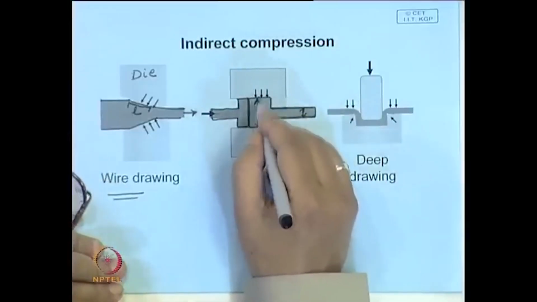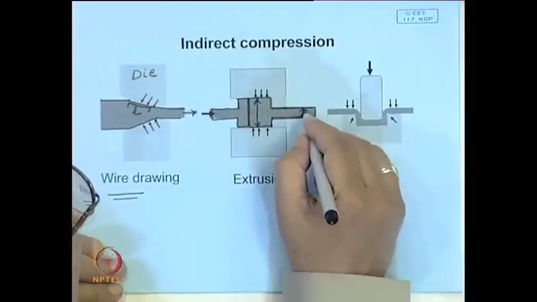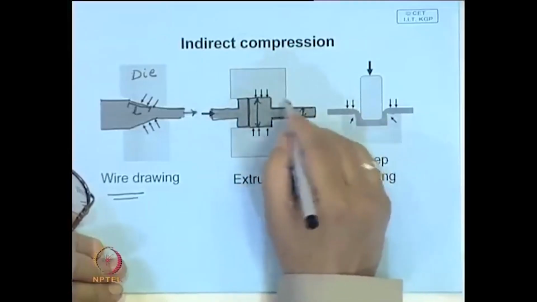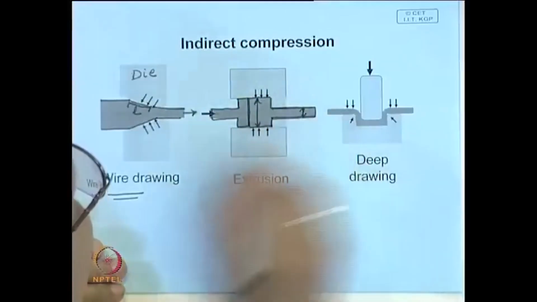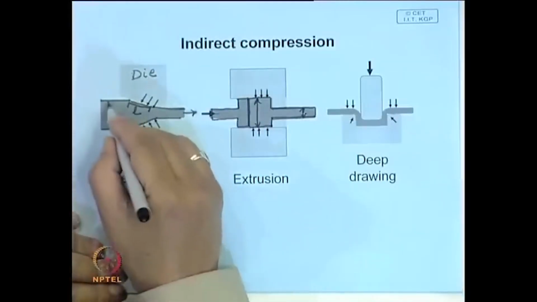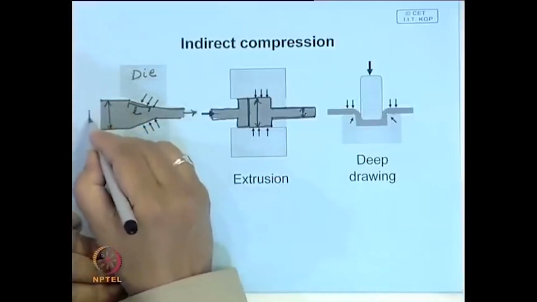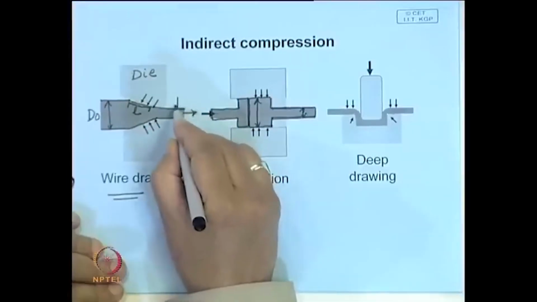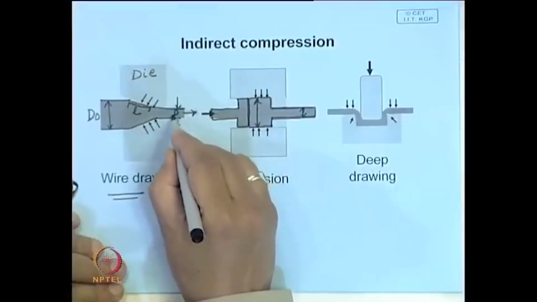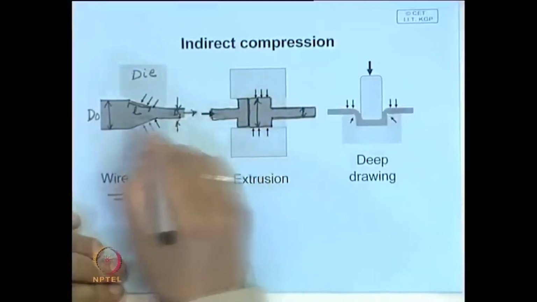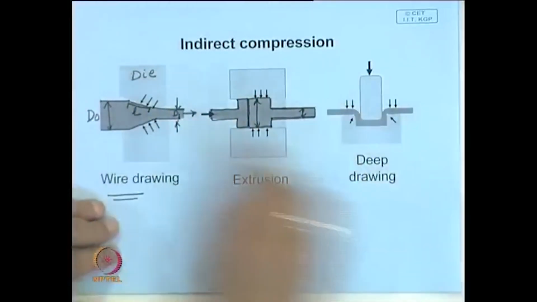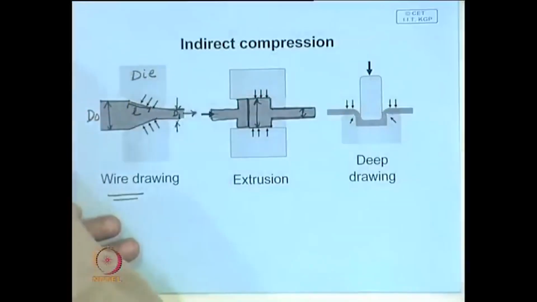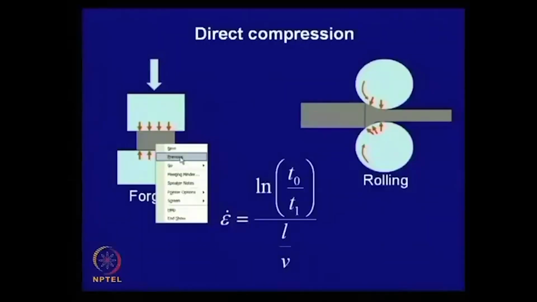Suppose this is your initial diameter and this is the final diameter. The ratio will give you the reduction that you are getting, and in wire drawing also, the ratio of the initial diameter to the diameter after drawing gives the percentage reduction.